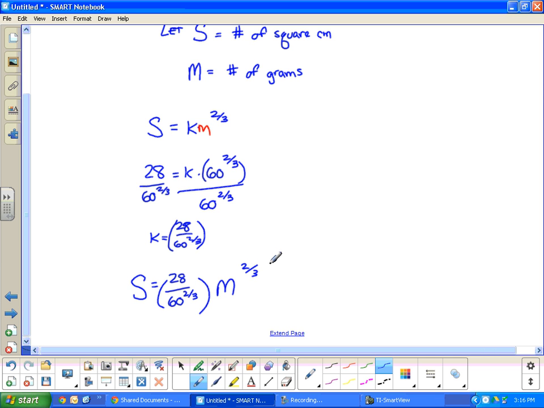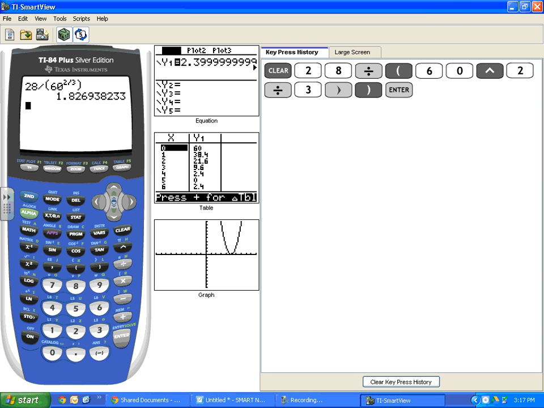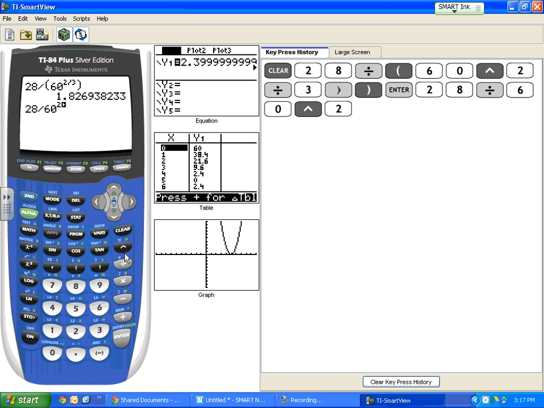There's my particular equation. If this had worked out to be a nice, neat number, of course, we could substitute it in there. Now, one shortcut that we can always do is this. If I type this back in, 28 divided by 60 to the 2/3 again, I'm not going to hit enter.